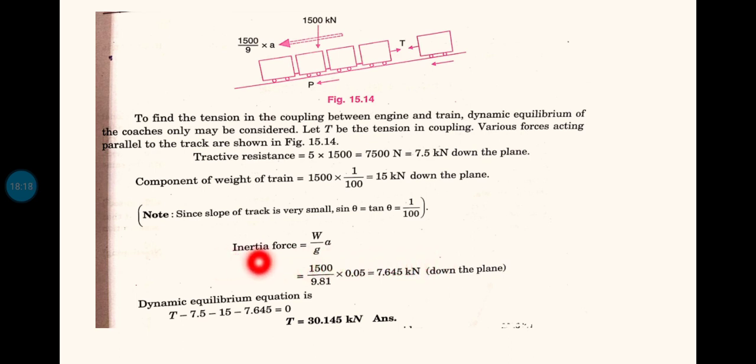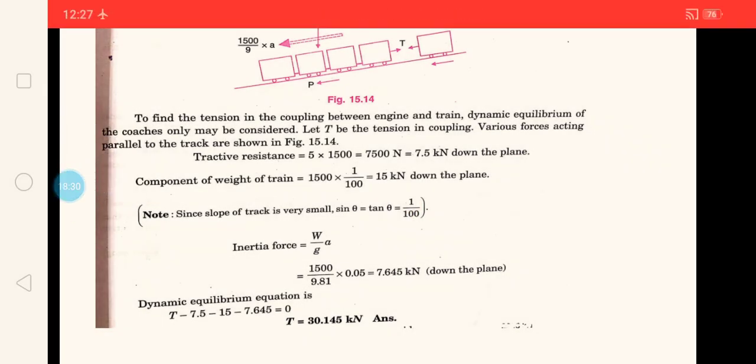So T minus 7.5 minus 7.645 kilonewton minus 15 kilonewton. So the net force is T minus 7.5, where 7.5 is the tractive resistance, that is P.